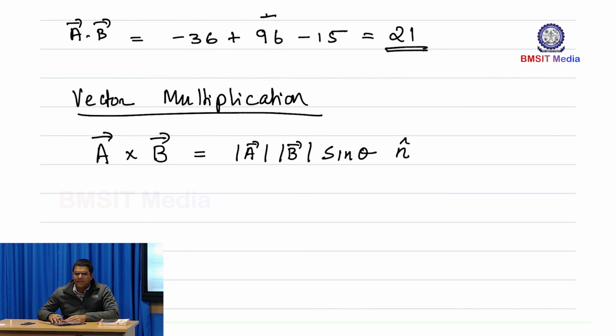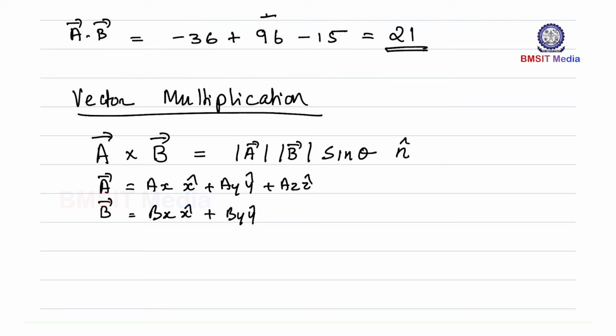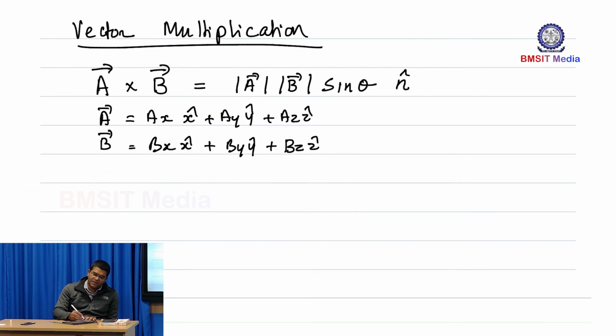And now when it comes to implementation of this, suppose as we said, if there are two vectors, vector A and vector B, with the component vectors Ax, Ay, Az and Bx, By, Bz. Okay. Now when you do the cross product, let us take A cross B. How do we write it? We will be writing Ax x cap cross Bx x cap, right?